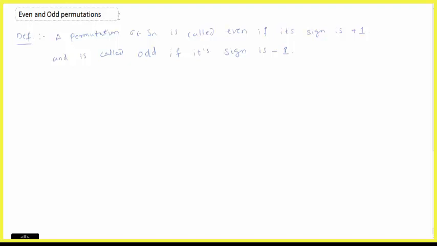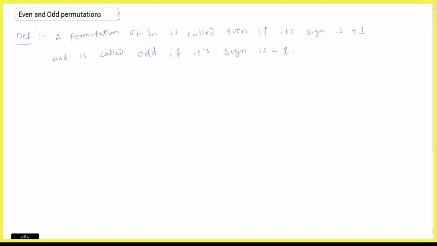Hello students, dear students, now we are going to learn the concept of even and odd permutations. A permutation sigma belongs to Sn is called even if its sign is +1 and it is called odd if its sign is -1.